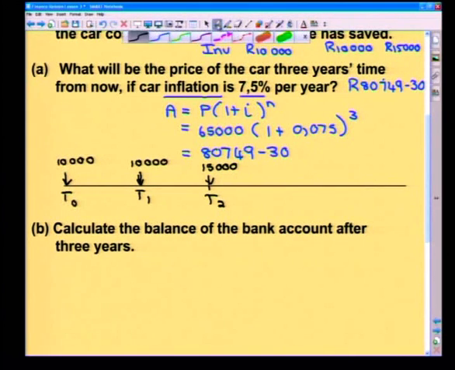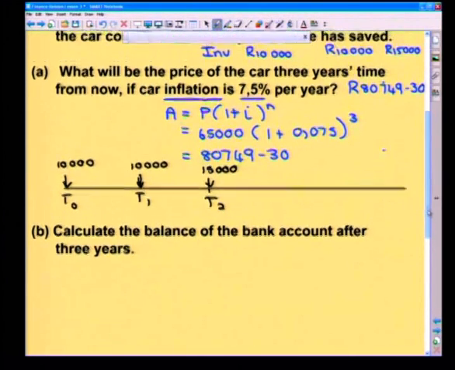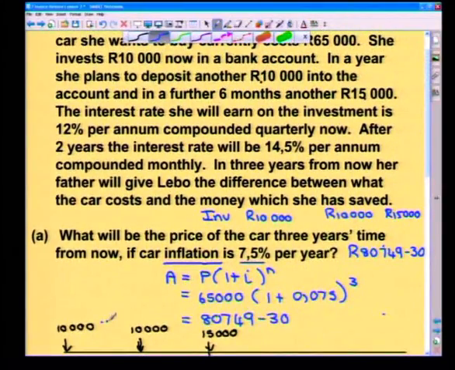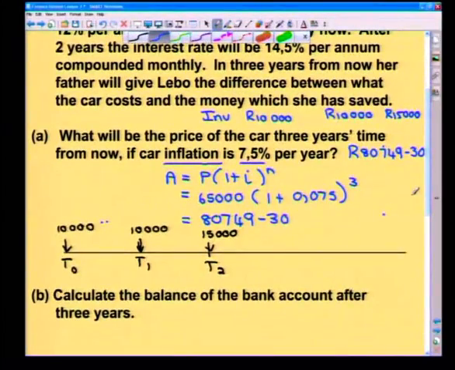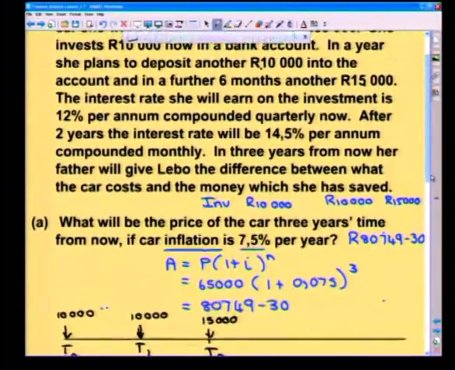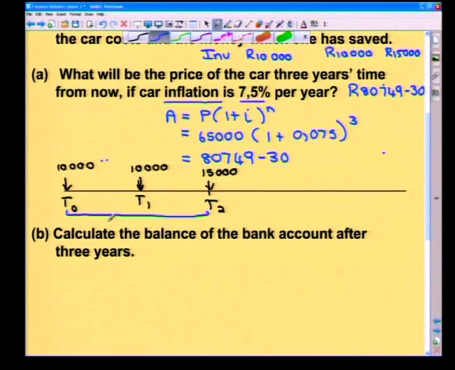All right, now, unfortunately for us, the interest rate's doing wonderful things as well. So let's go back and see what that's doing. It says the interest rate she will earn on the investment is 12% per annum compounded quarterly now. After 2 years, the interest rate will change. So for this part here, she's earning, was it 12%? Yes, 12% compounded quarterly. So remember how I do it?